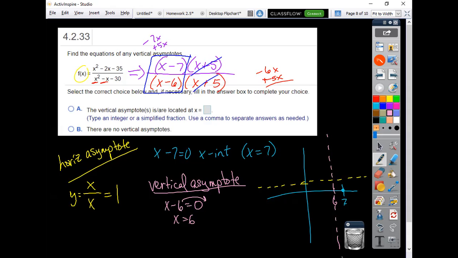Now, if I put 0 in for x, if I have x equals 0 and then evaluate it out, that's the y-intercept, right? So put a 0 into our simplified version here, and we have negative 7 over negative 6. So this is my y-intercept.